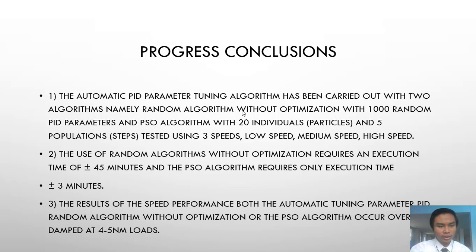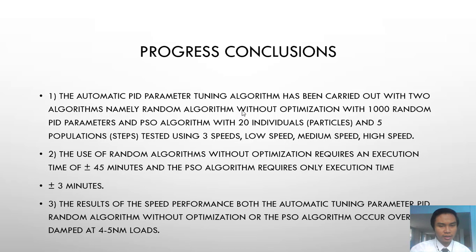And then number 2 is the use of random algorithm without optimization requires an execution time of plus minus 45 minutes, and then PSO algorithm requires only an execution time of simulation plus minus 3 minutes.